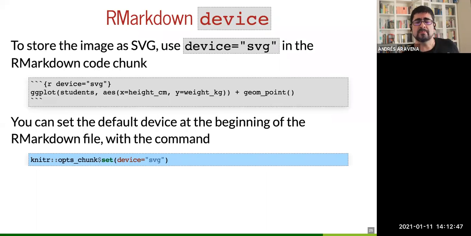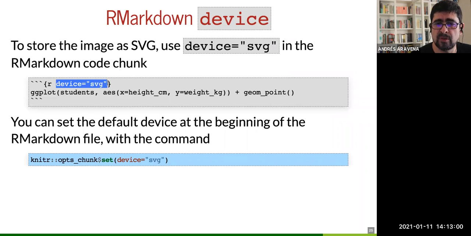How do you choose this? Well, we have two options. One is when you write your Markdown document, you remember that we have this chunk, and there are some options that you can put here, like message, true, false. There is an option called device. And here you can say what is the way that you want to plot it.